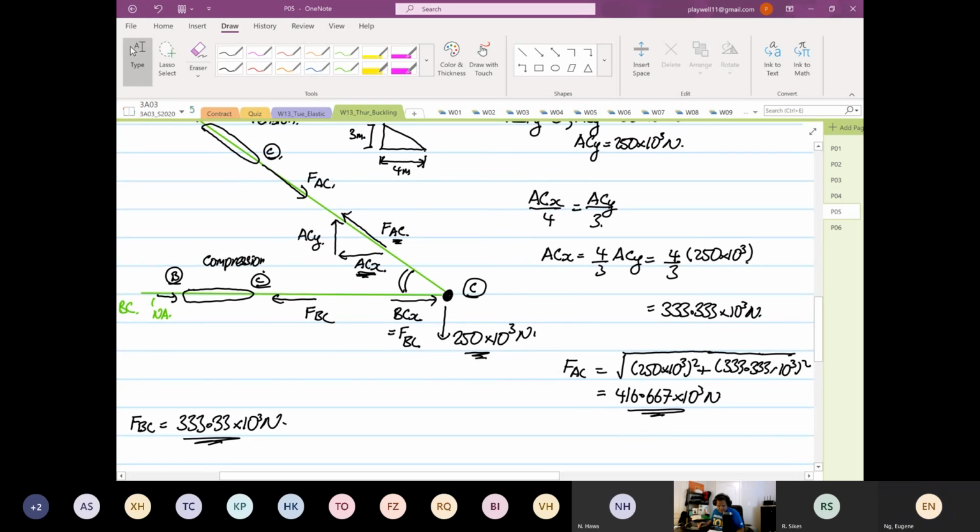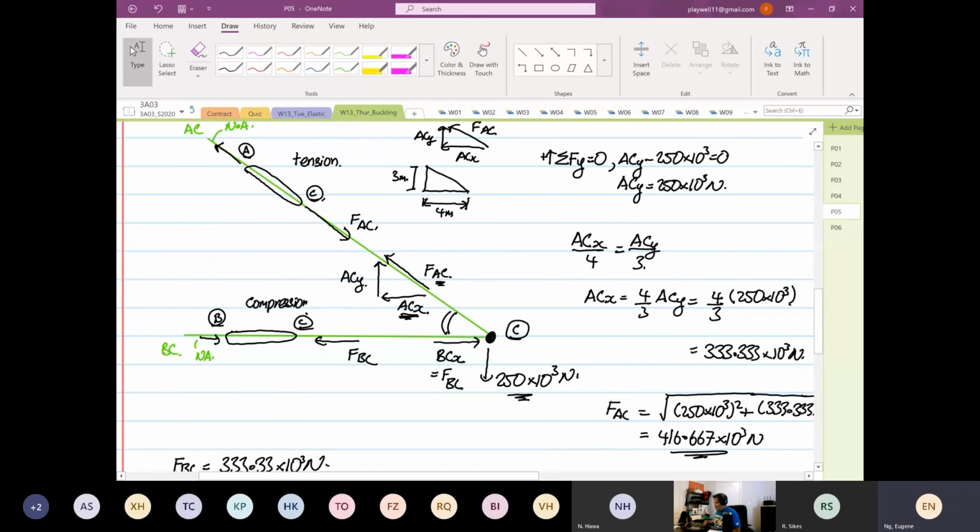Okay. So now, how are we going to analyze the structure from here on? Now I'm going to ask you a question. Which member will fail by buckling? Anyone? AC or BC? BC. Why do you say that? Because you have compression, FBC.